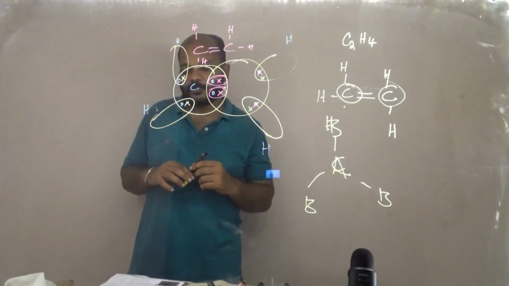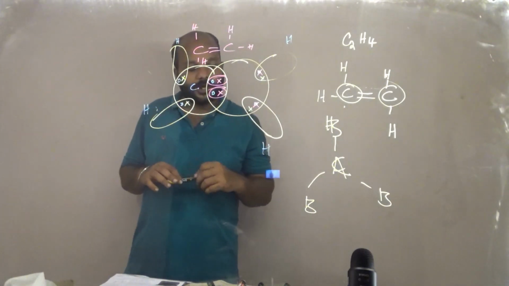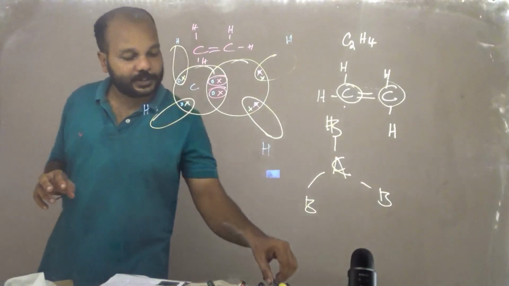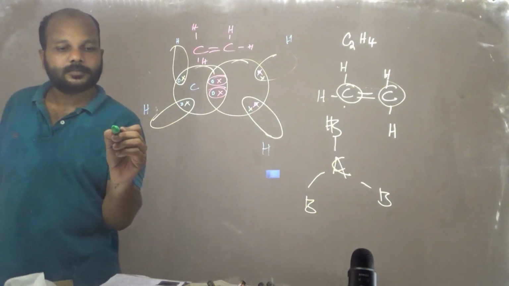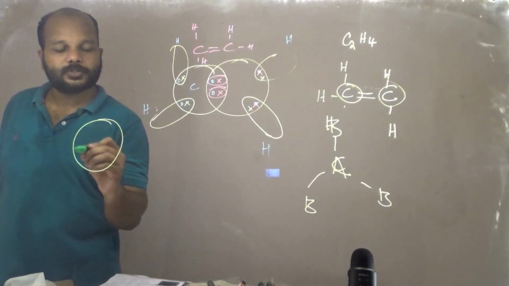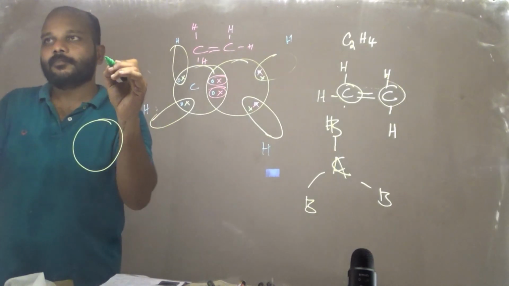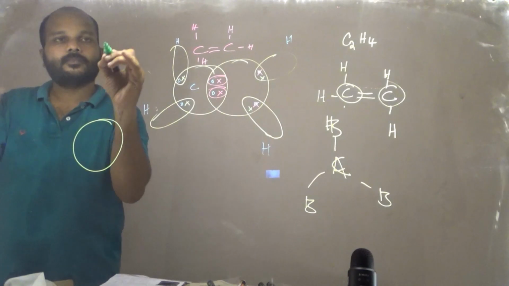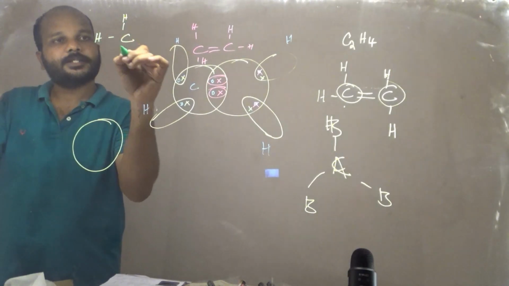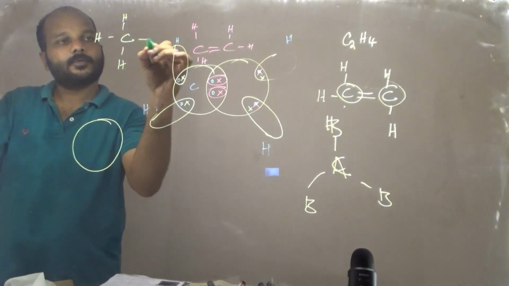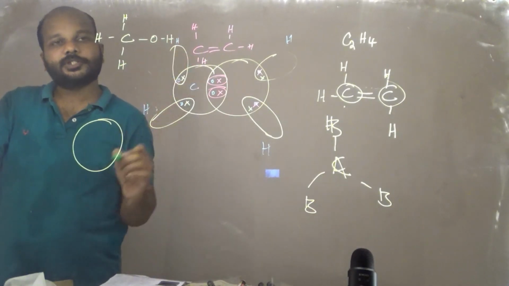Now the next molecule is methanol. Let's see how methanol is going to come. For instance, CH3OH. So this is methanol.